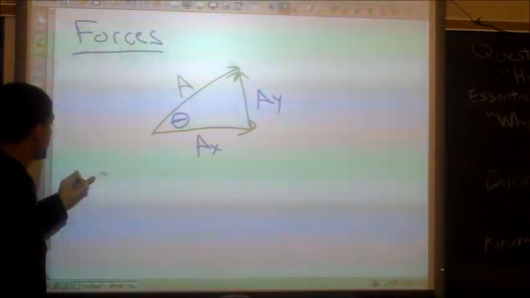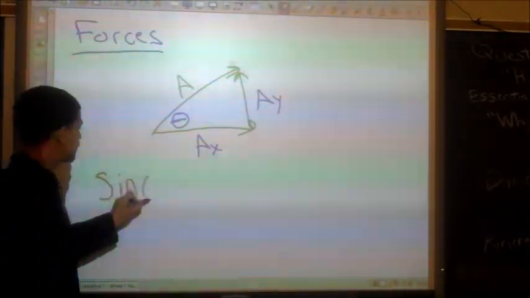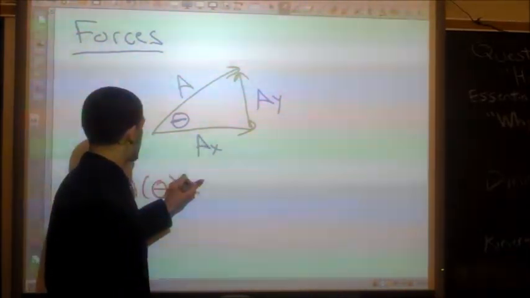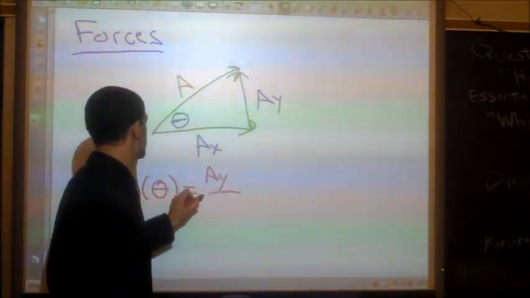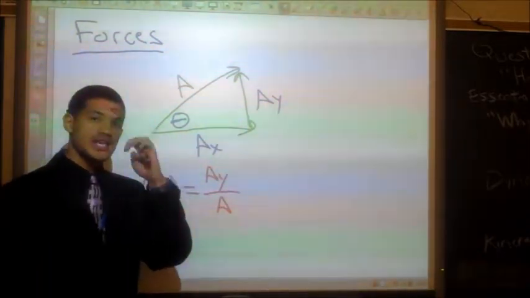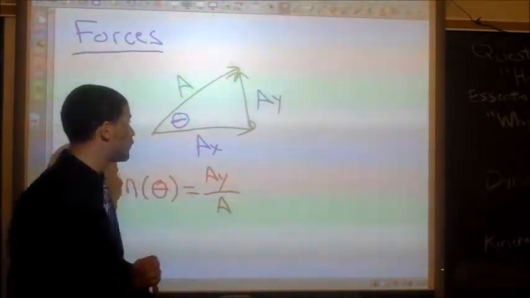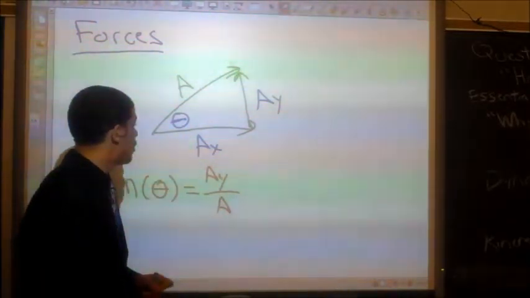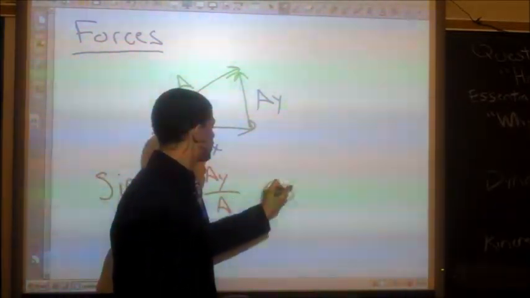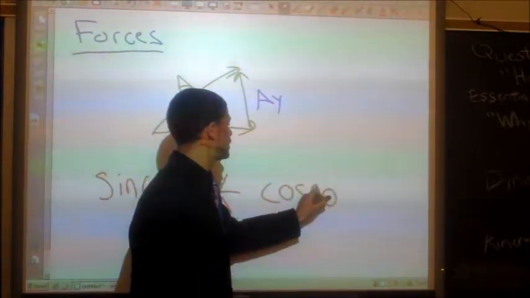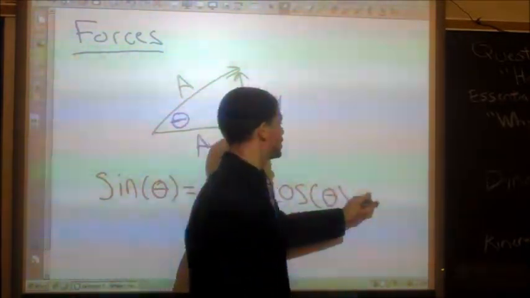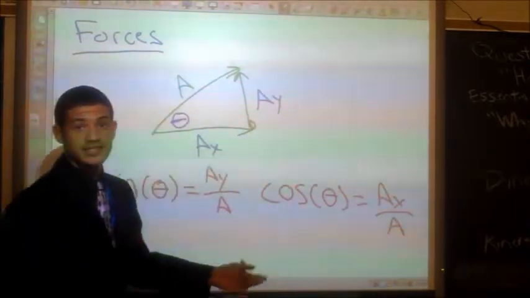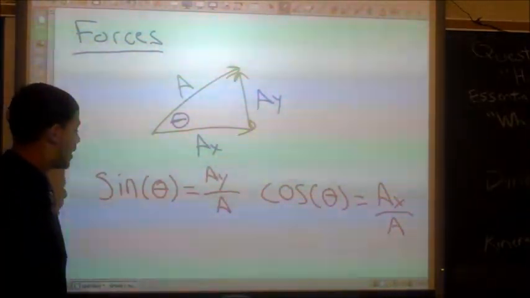Sine of theta equals A of y over A. Sine is opposite over hypotenuse, and A of y is our opposite, and A is our hypotenuse. Or cosine of theta equals A of x over A, where A of x is our adjacent, and A is our hypotenuse.